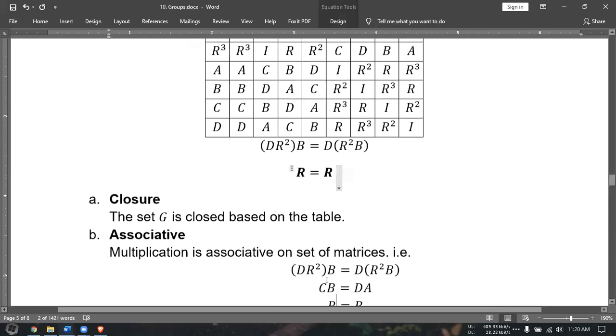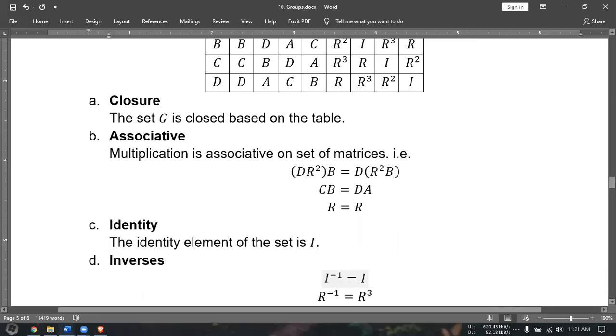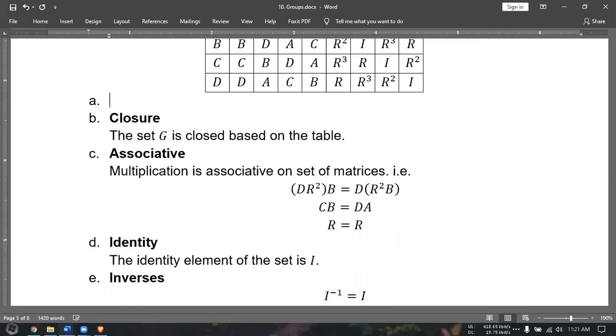So we'll now assume that this property is true for all elements of G with respect to multiplication.